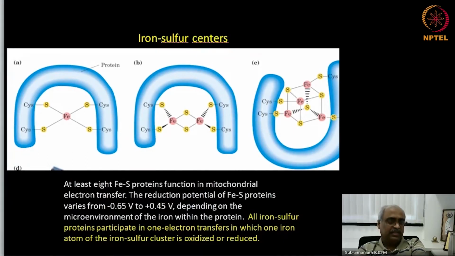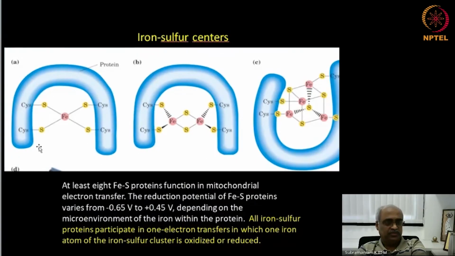Here instead, they are coordinated to the sulfur from cysteine residues of the protein, or in a more complicated way, you might have inorganic sulfurs as well as cysteine sulfurs. And you may have more than one iron. In this case, you see 2, and in more complex structures, you see 4 of them. So these are the FeS proteins, iron sulfur proteins.